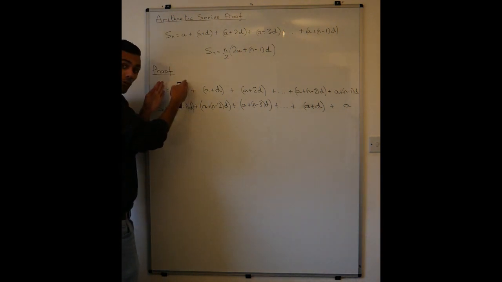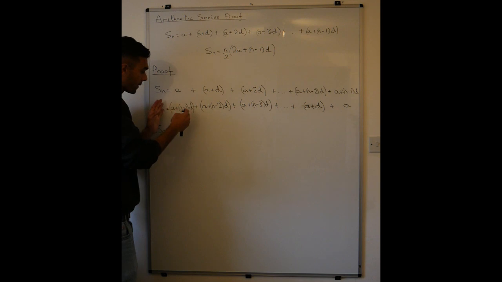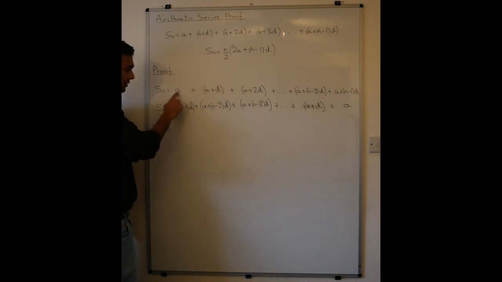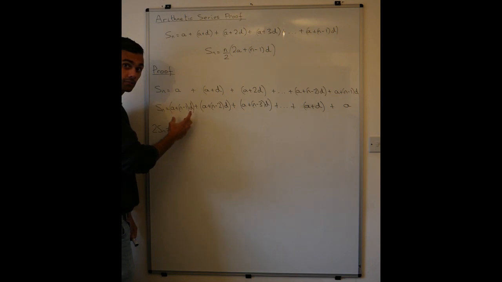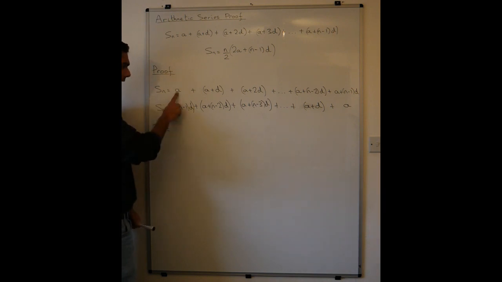And we're going to pair them off with the terms that are on top of each other. So I'm going to add just these two, the first term and the last term, together, and write the sum just down here underneath. So we've got A plus (A + (n-1)d). That's 2A plus (n-1)d.